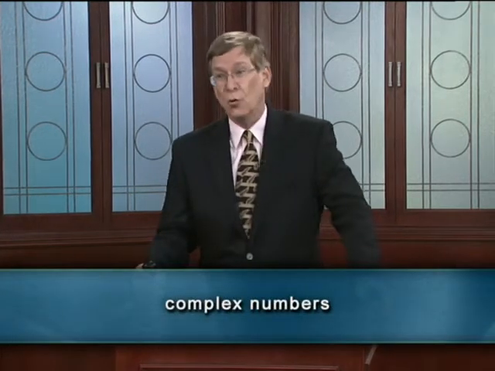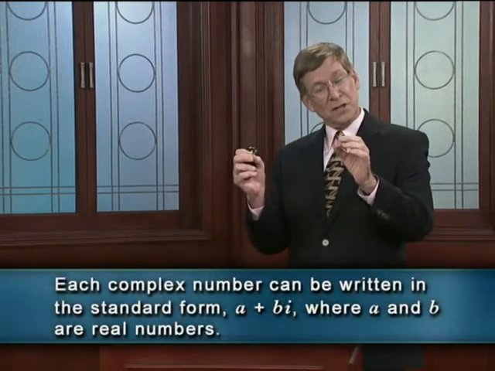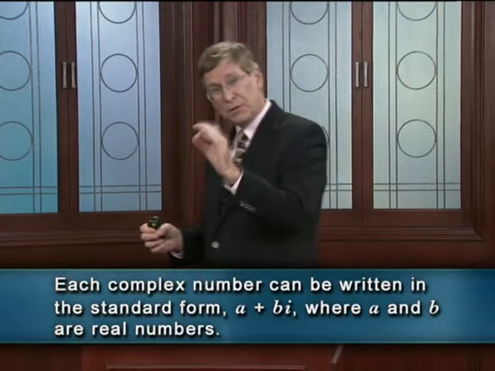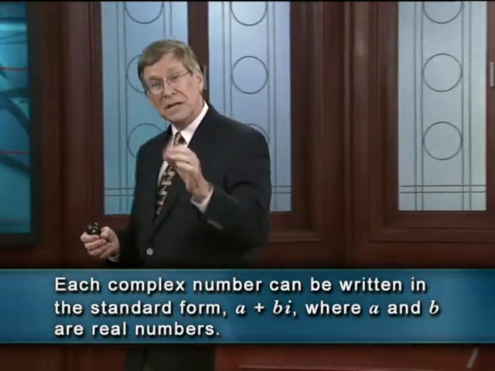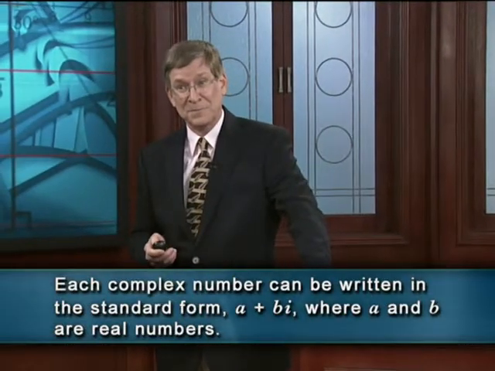In fact, if you add the real numbers together with real multiples of this imaginary unit i, you obtain what we call the complex numbers, or the imaginary numbers. Each complex number can be written in standard form a plus bi, where a and b are both real numbers.